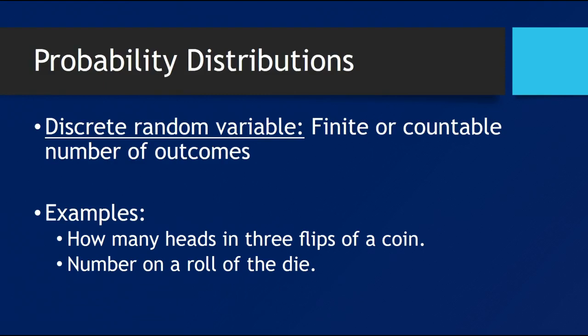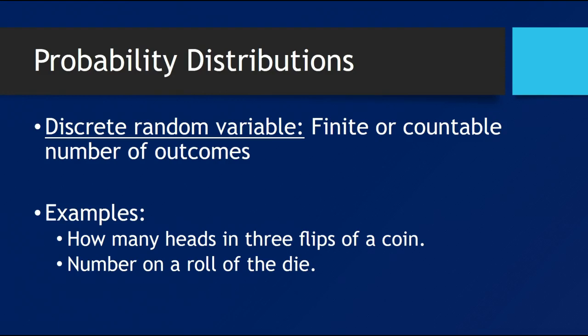Now, in this chapter, we're going to look at discrete random variables. Basically, we're just going to focus this chapter on variables that are both random and discrete. So they have a finite or a countable number of outcomes. So for instance, my examples from earlier about rolling a die and that die landing on some number, that would be discrete because the only outcomes that are possible when we roll a single die are 1, 2, 3, 4, 5, and 6.